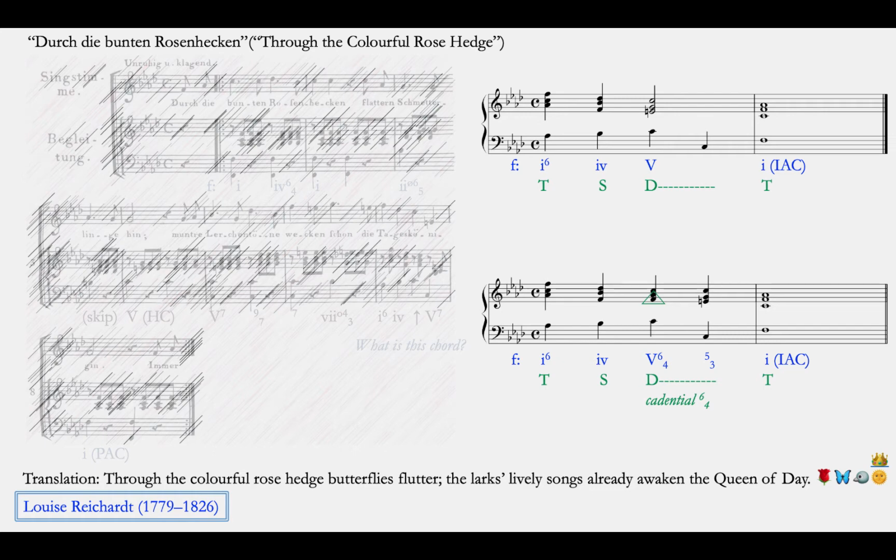What I mean by that is the notes that are a 6th and a 4th above the bass are embellishing tones. The notes that are a 5th and a 3rd above the bass, those are chord tones. Those are part of the root position dominant harmony. In this example, the dominant lasts for 2 beats.